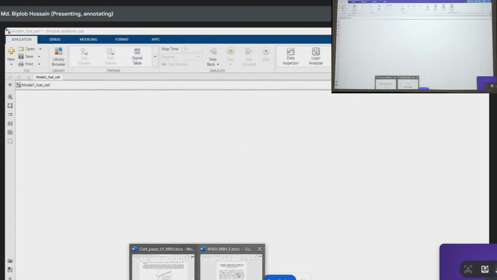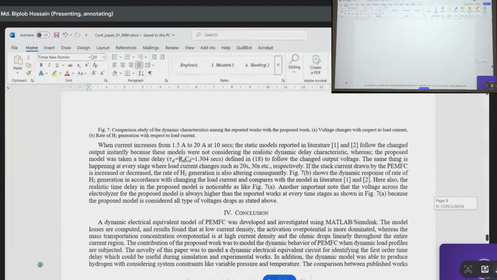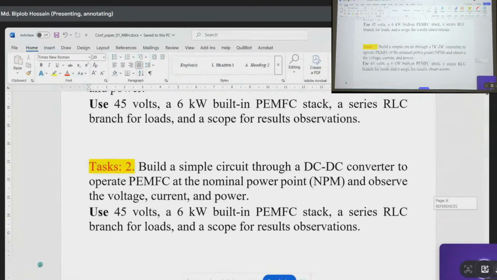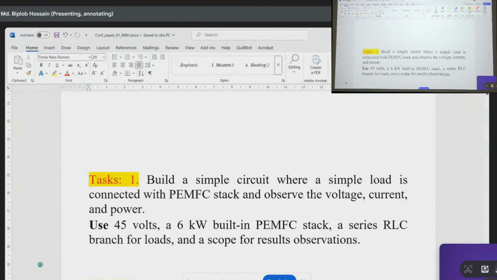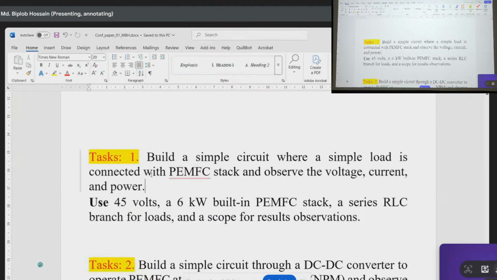Please try to go with him, and any issue, let us know. Here, first of all, we are going to develop task 1. This is a very simple circuit.